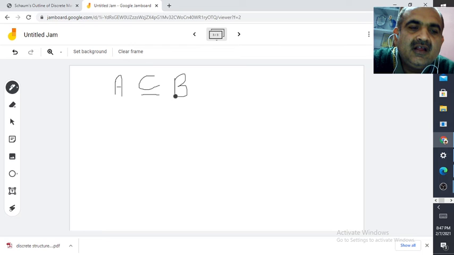Then we check whether it is transitive or not.